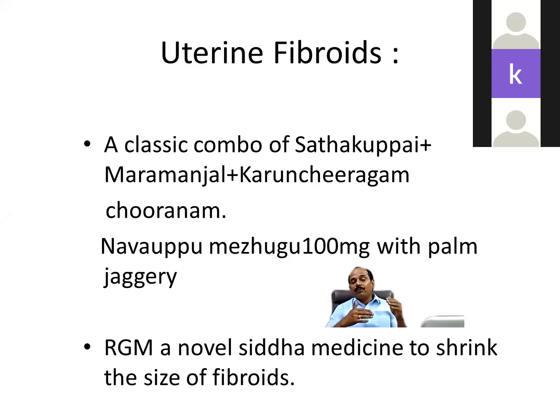When you are going for a Navavupu Medugu, a higher order drug, you have to be very choosy with the patients, give them a medical leave or a gap between the medicines, and use it judiciously. RGM works wonders with fibroids. Navamani Chandaram is also good in fibroids.